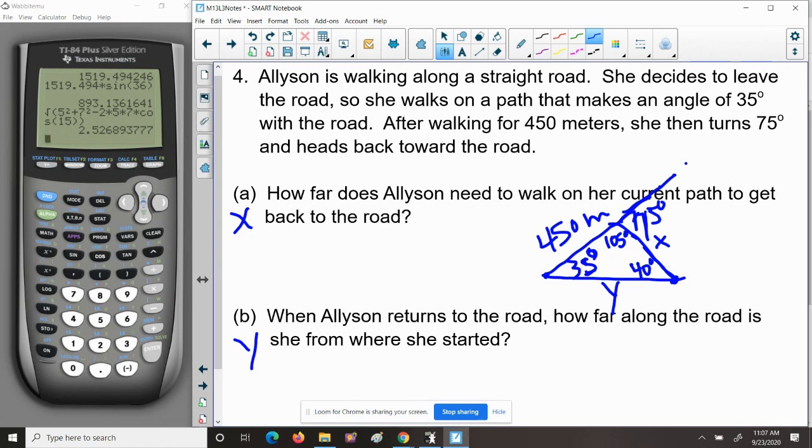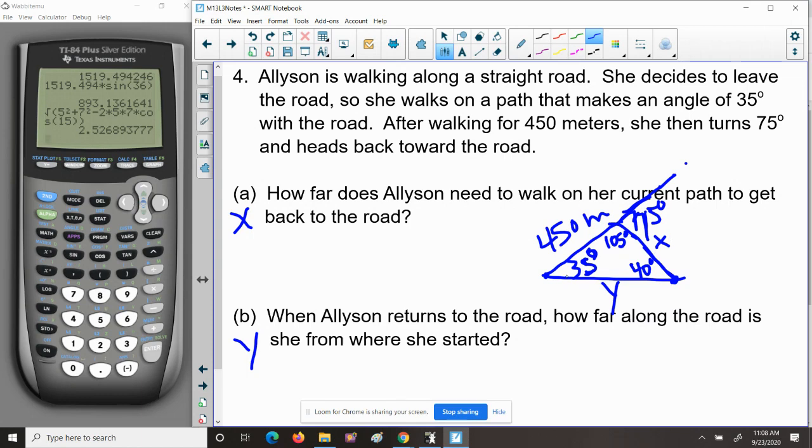Okay, so now if we take a look, we want to find this side length. We could actually use law of sines or law of cosines. I'm just going to set up law of sines because we did law of cosines last time. Okay, take a look. We want to find side x.